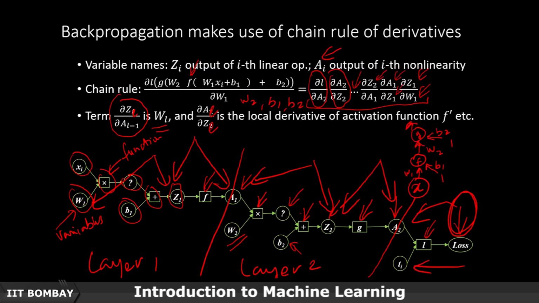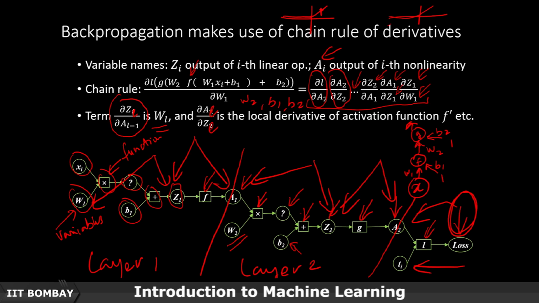So if we look at del a by del z, or del al by del zl, where L is the layer number, then that is basically the partial derivative of this f, whatever f is. So if it is sigmoid, or if it is ReLU, whatever the derivative is at a particular point of that function, that is basically what del al by del zl is.